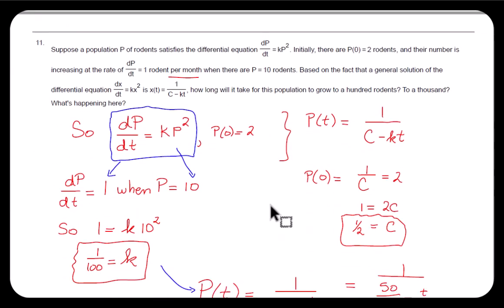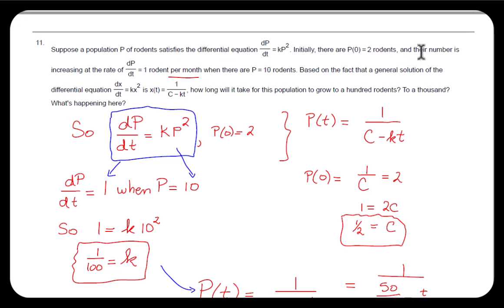All right, in question 11 here, we have a population of rodents or rats, and they satisfy this differential equation, which says the rate of change is proportional to the square of the population. And so they're telling me initially that there were 2 rodents at time 0.